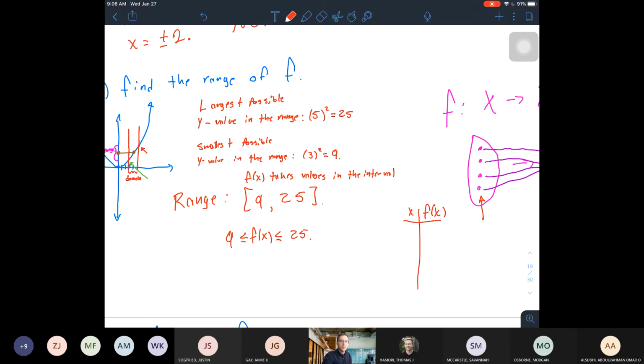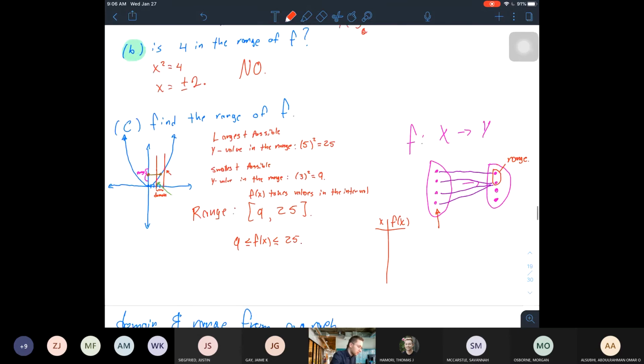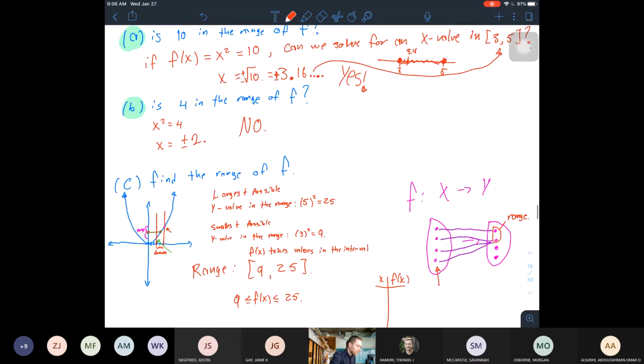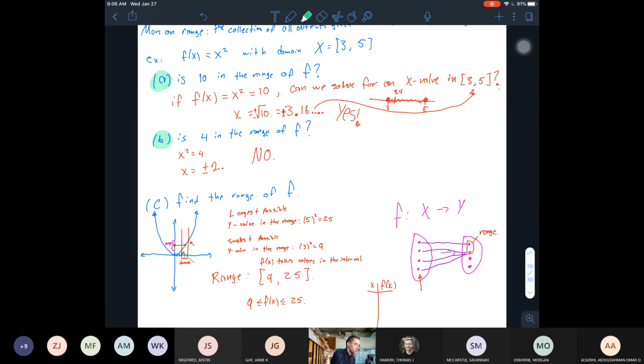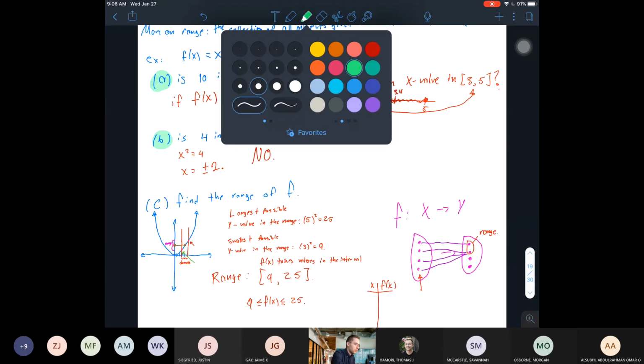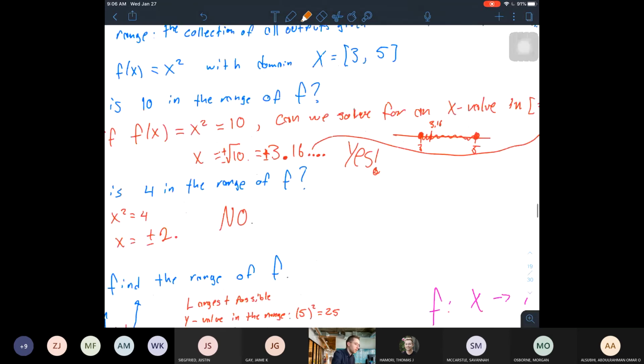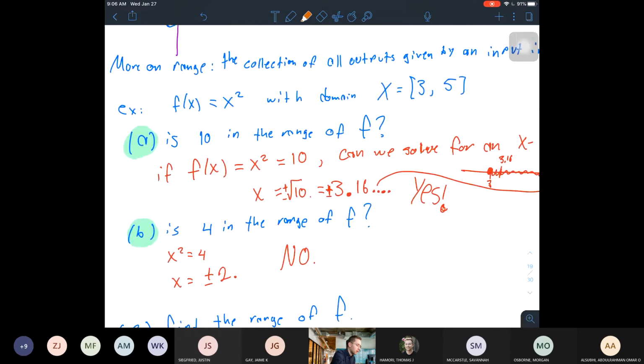Okay, sweet. Another question coming in from Morgan. Will the range always be the squared values of the domain? The answer is no in general. The only reason that was true for our particular problem was that we were given that f of x is equal to x squared.